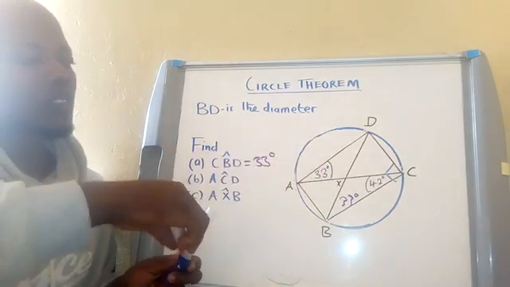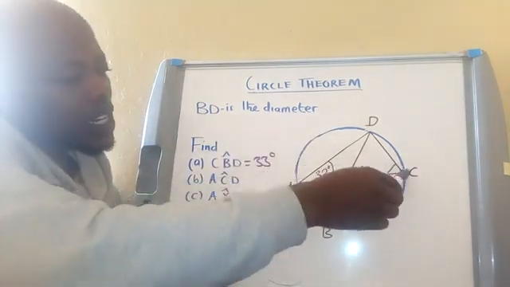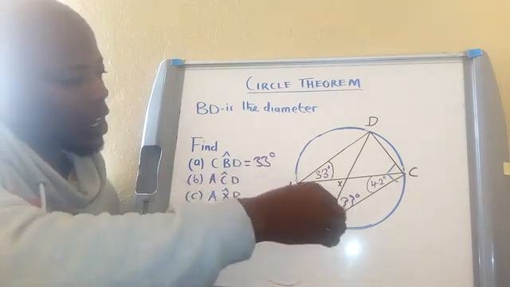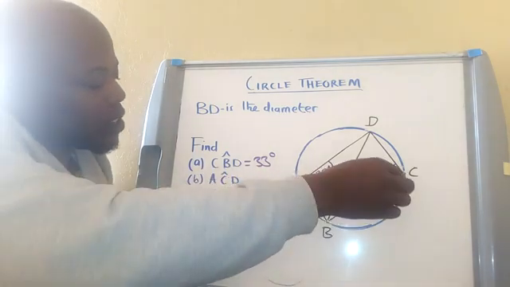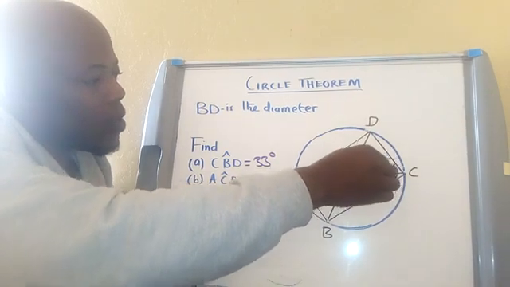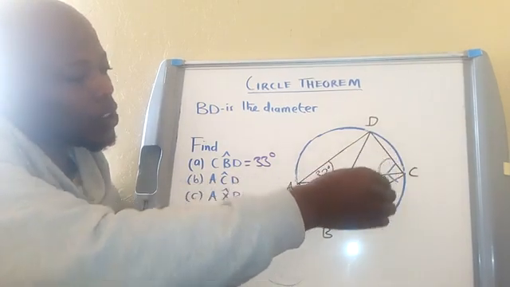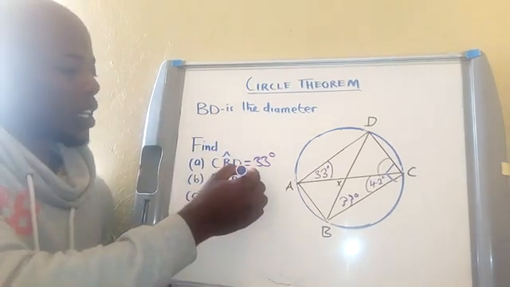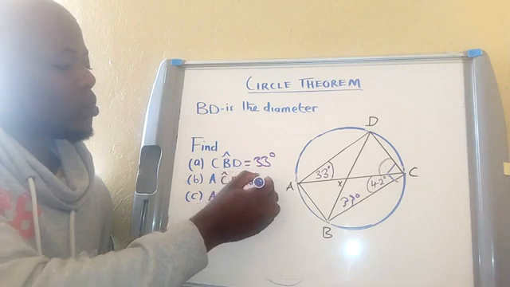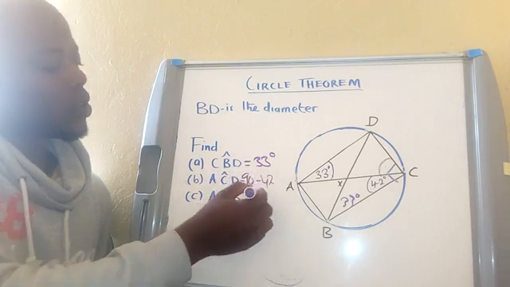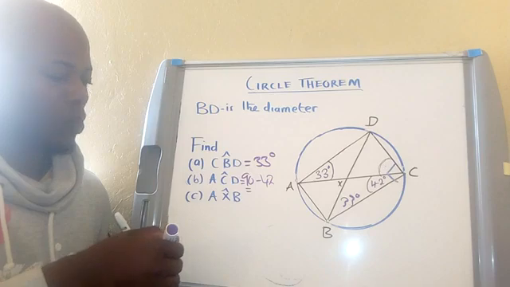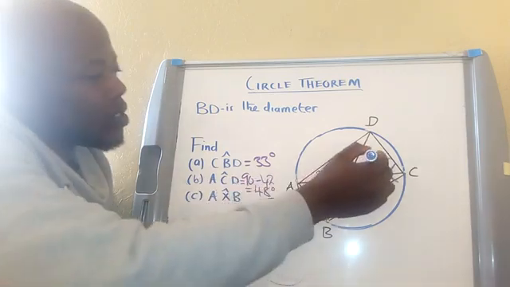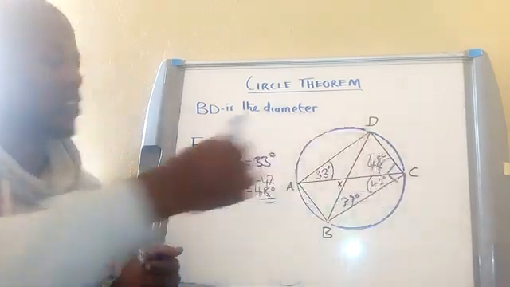So if this is 90 degrees, and we want to find the angle ACD, meaning we want to find this angle, and we know that the total of this and this is 90 degrees. What are we supposed to do? We just say 90 degrees minus 42. So the answer we get here will be 48 degrees.